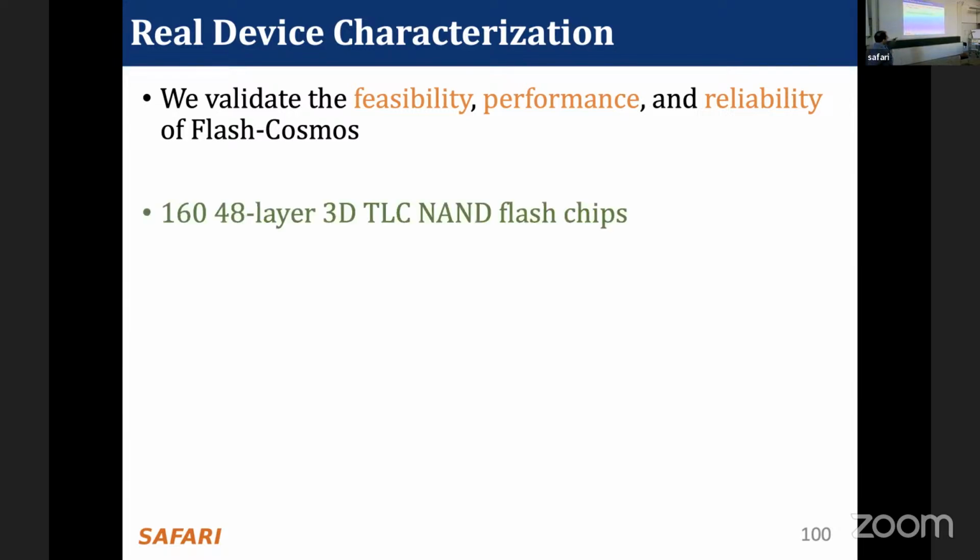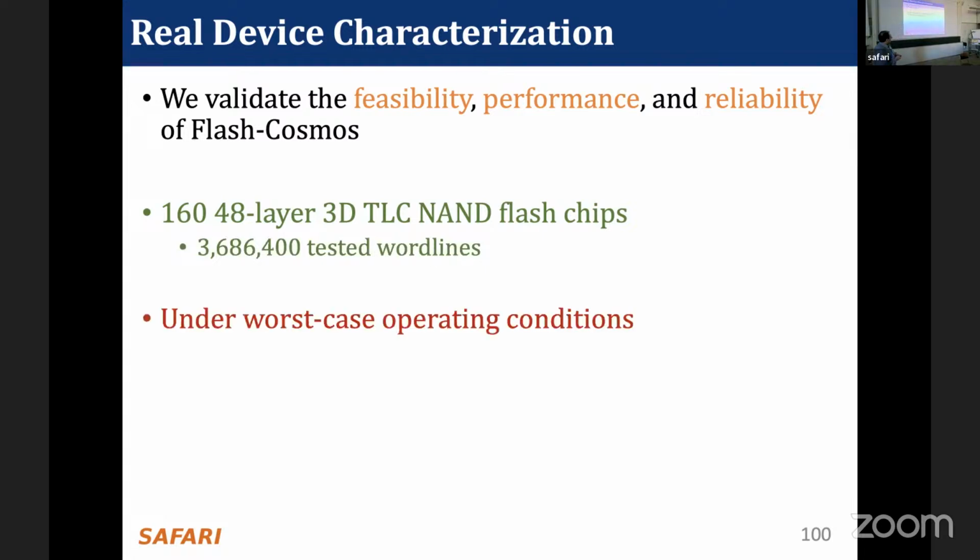The flash chips that we use are 160 48-layer 3D TLC NAND flash chips, but we don't really use them in TLC mode. In TLC mode, each cell can store 3 bits, but we program them in SLC mode, or let's say ESP, enhanced SLC mode program.